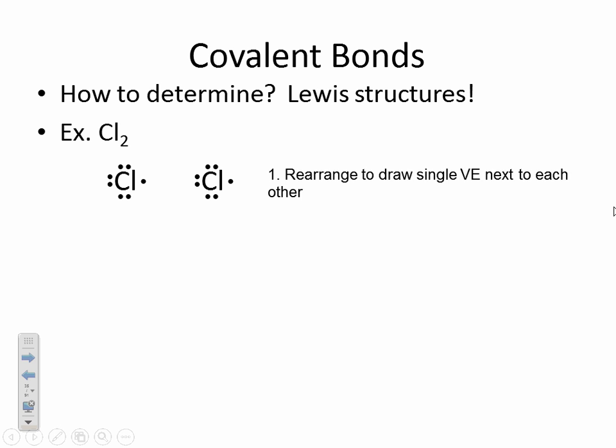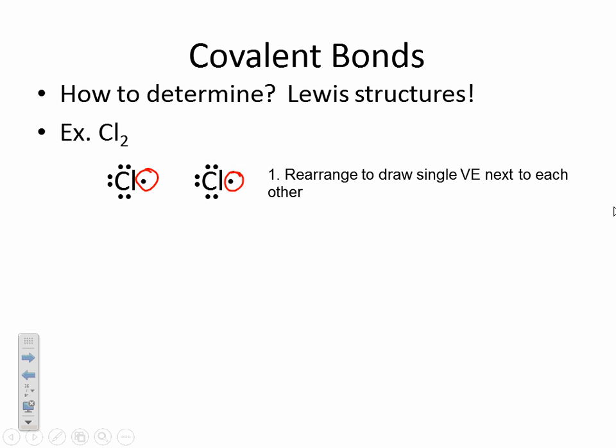Then you want to see where the single valence electrons are, the ones that aren't paired, and rearrange your atoms so that they're facing one another. Now, for this structure, it's this electron and this electron. See how they're not paired up? See how all the other electrons in chlorine are paired up? You want to focus on those single ones, because those are the ones that are going to be involved in bonding.